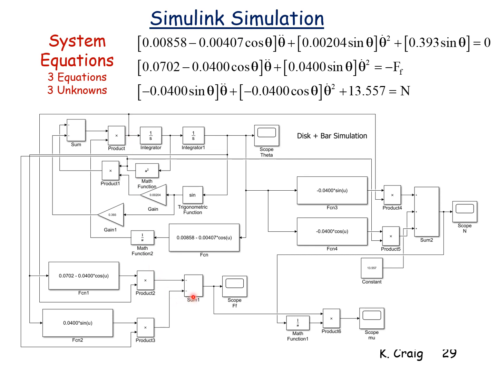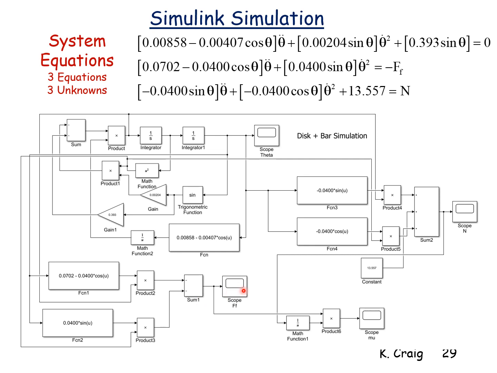And the other term, which comes in with a minus sign, is 0.0400 times the sine of theta, the input is theta, which you see from this line, times theta dot squared. So the input here is this term right here, theta dot squared. The sum of those two with a minus sign gives me the positive friction force.